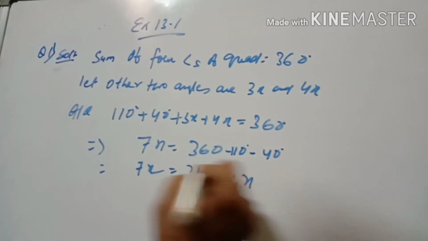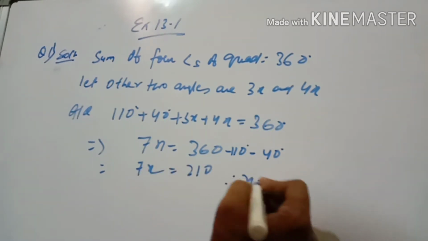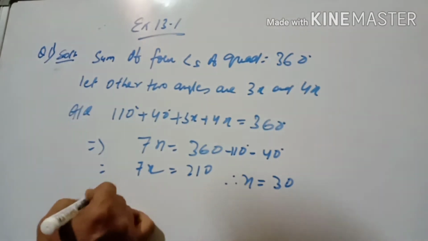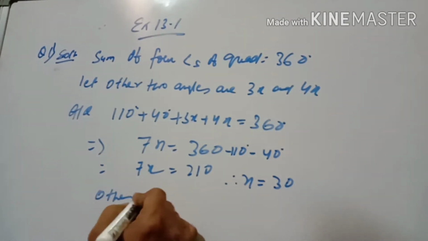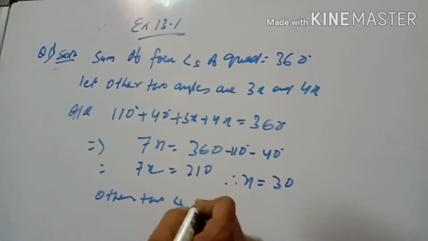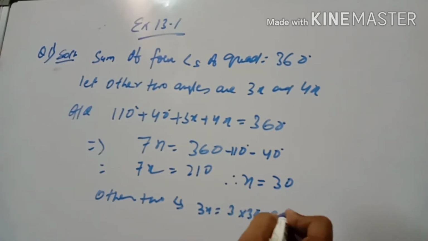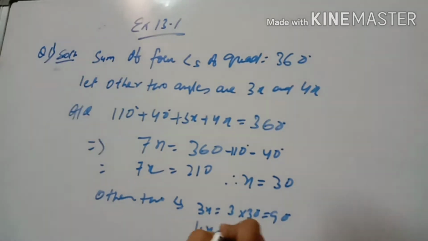Therefore x equals what? 210 divided by 7 is 30 degrees. So the other two angles are 3x, that is 3 into 30, which is 90 degrees, and 4x, that is 4 into 30, which is 120 degrees. This is your answer. Write down please.